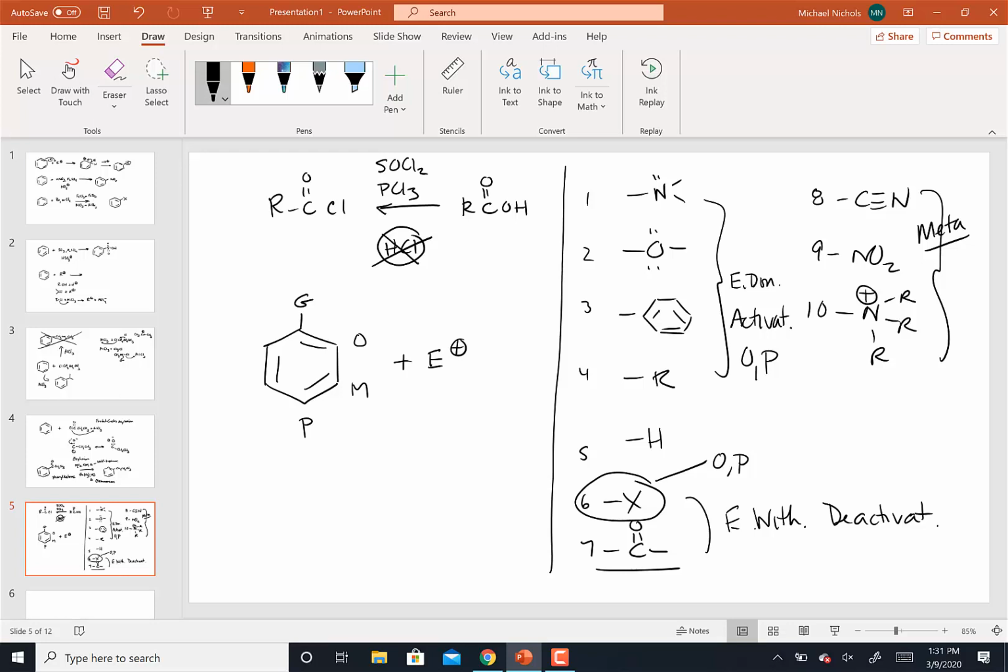So, how many times have we had this in the past? Organic chemistry is all about this yin and yang. You use one set of reagents, you get Markovnikov or anti-Markovnikov. Zaitsev or Hofmann. So you get ortho-para or meta.